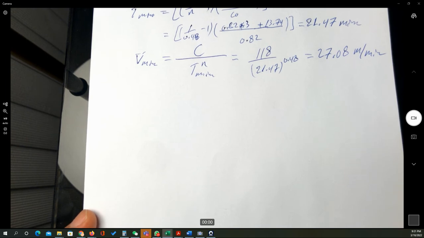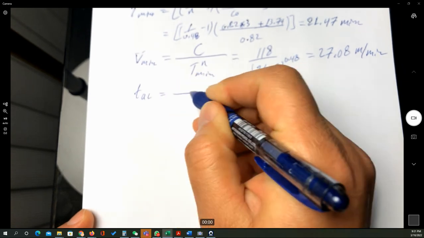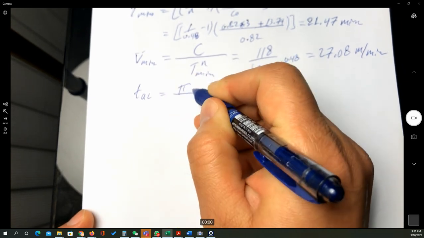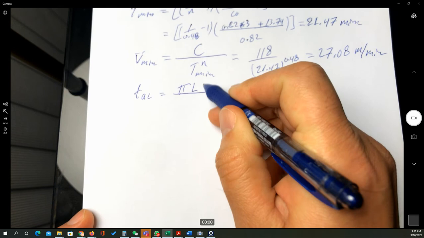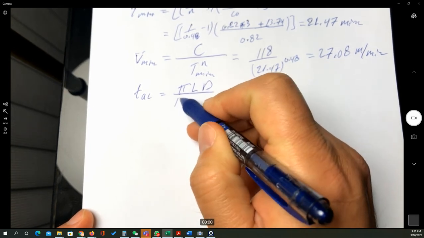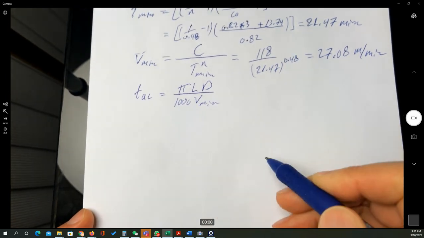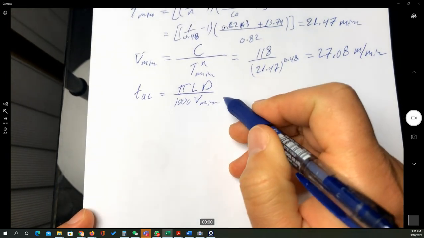So in that case, we need to find the value for the TAC, which is going to be equal to pi multiplied by the length of the cutting, multiplied by the diameter, and then divided by 1000, multiplied by the V minimum, and multiplied by the feed rate.